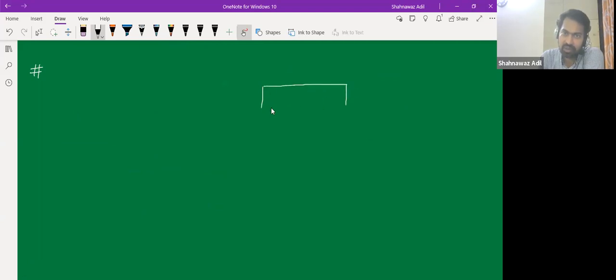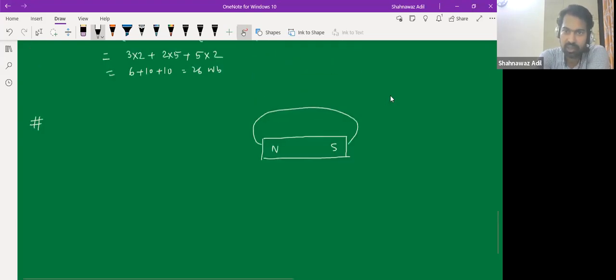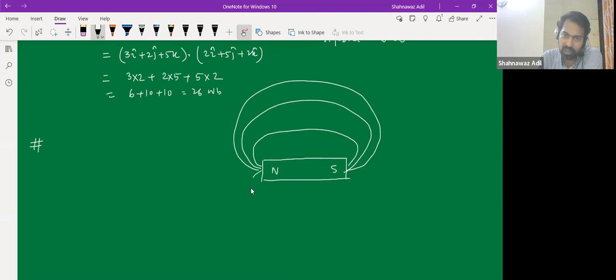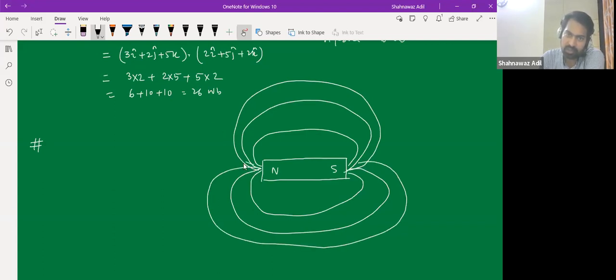Okay, so before we do the next question, we have this bar magnet, and it has north and south pole. So it is a dipole magnet, right? It has two poles. So magnetic field starts from here and then comes to here. These lines never intersect, but due to my bad handwriting, it appears that they intersect.